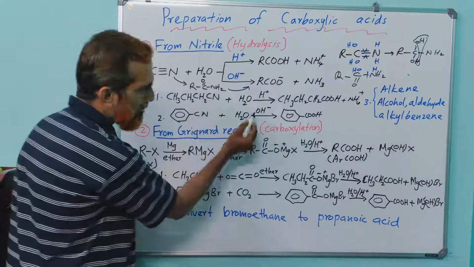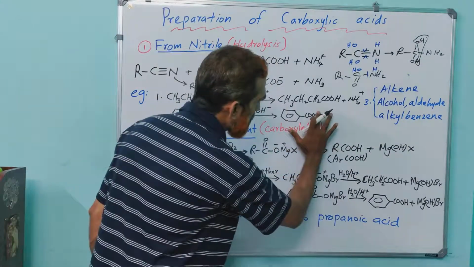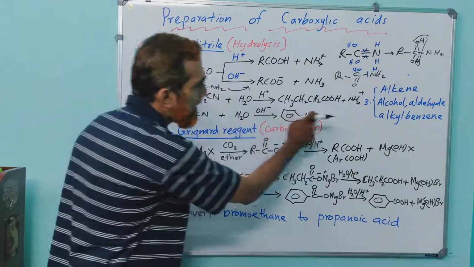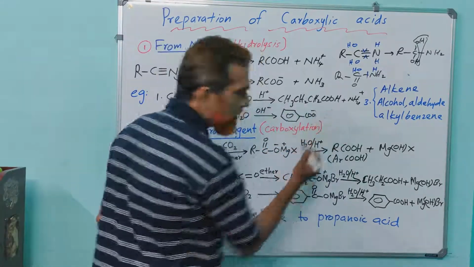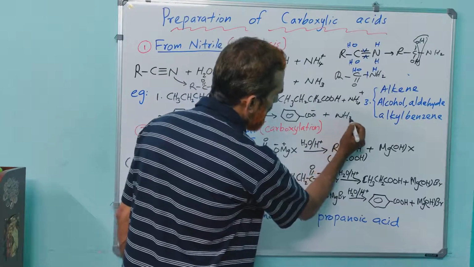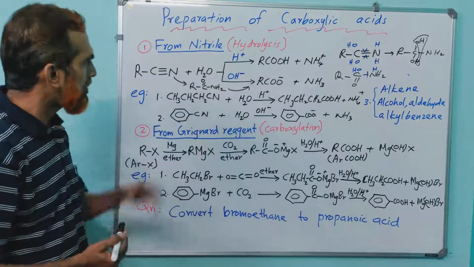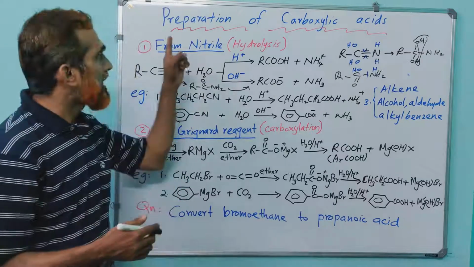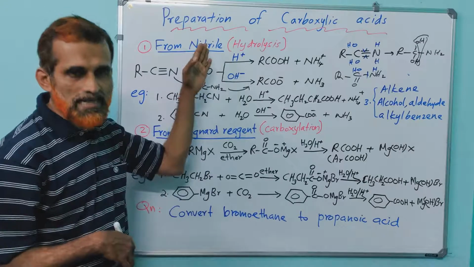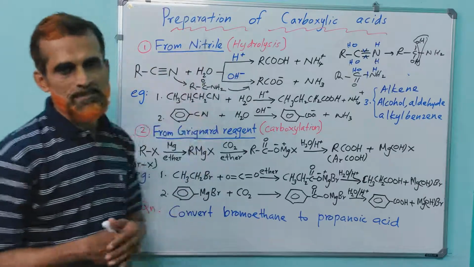In this case, it is a base hydrolysis, so what? This will be the salt. If it is NaOH, it will be sodium salt, that's all. We can write the benzoate ion, and NH3 will be free. Okay? Now this method is known as nitrile synthesis, because the starting compound is nitrile.